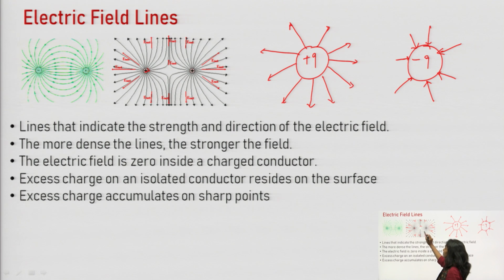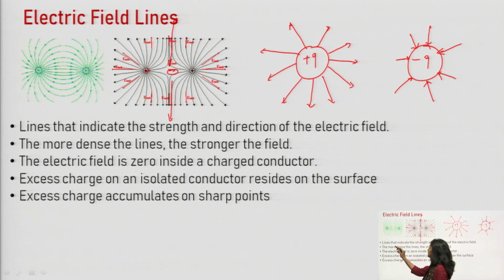So the configuration of field lines will be like this, meaning here it will go straight upward and straight downward, and in between there will be no field, zero field.